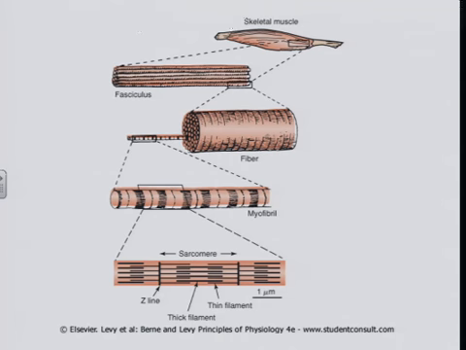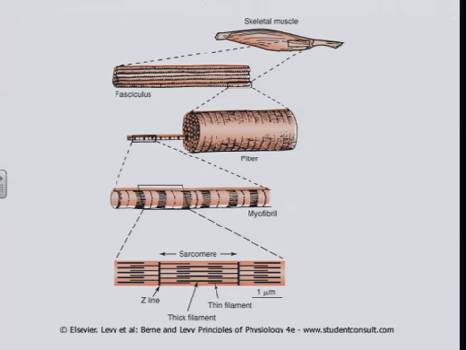This is why skeletal muscle is frequently called striated muscle. A striated muscle has this organization of sarcomeres, where you have a Z line where all the contractile apparatus is connected from sarcomere to sarcomere. You have a thick filament and a thin filament. And these slide against each other to produce force. So it's the sliding of thick filaments on thin filaments.